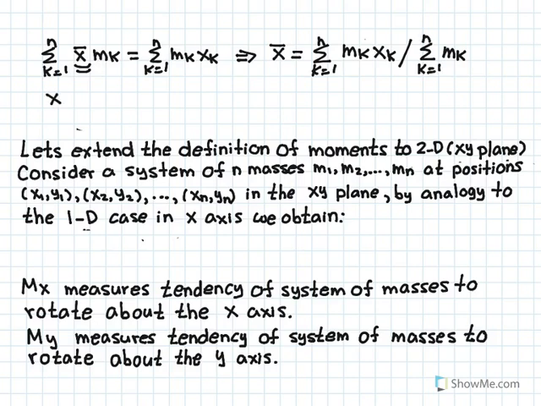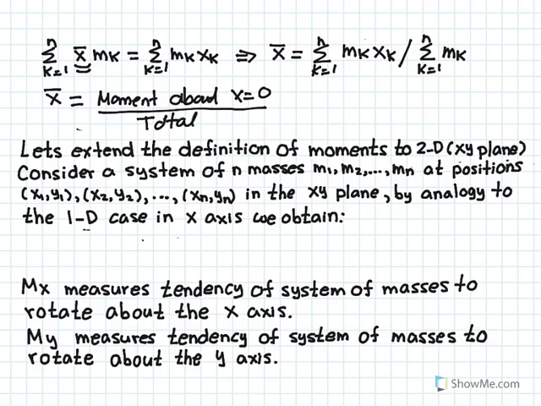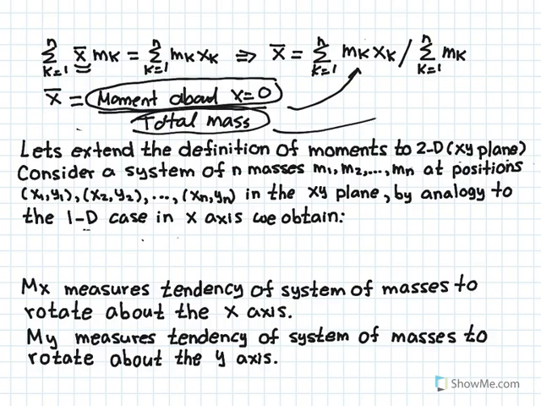So x bar, the center of mass of the system, is the moment about x equals 0 divided by the total mass. The moment about x equals 0, this numerator, is this part here, summation mk xk. The total mass, the denominator, is this part here, summation mk.